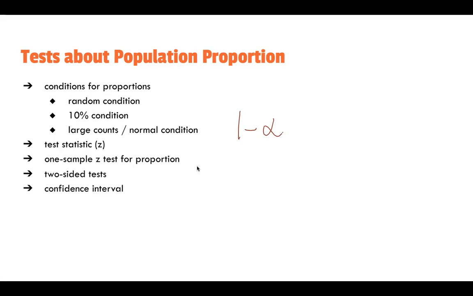There's actually a relationship between alpha and the confidence level. Basically, a significance test of significance level alpha gives us similar information to a confidence interval, confidence level 1 minus alpha.